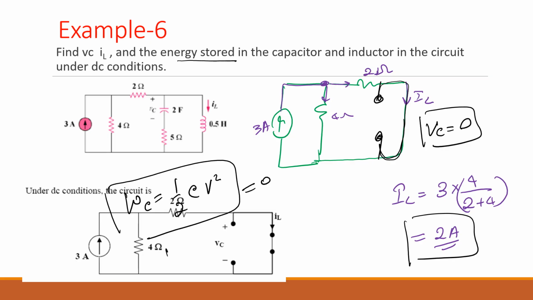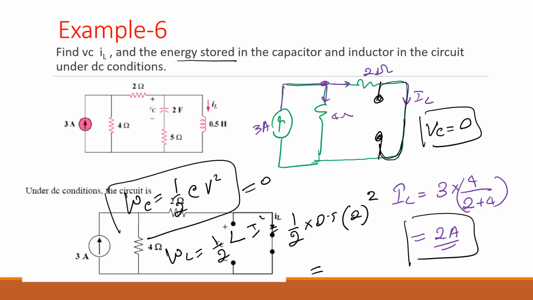And the energy stored in the inductor will be half times L times I squared, and you can put the numbers and find it. Half times L is given to us 0.5, I is 2 squared, and that will be 0.5, isn't it?